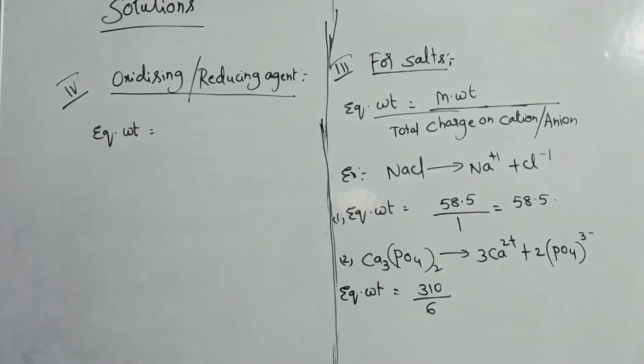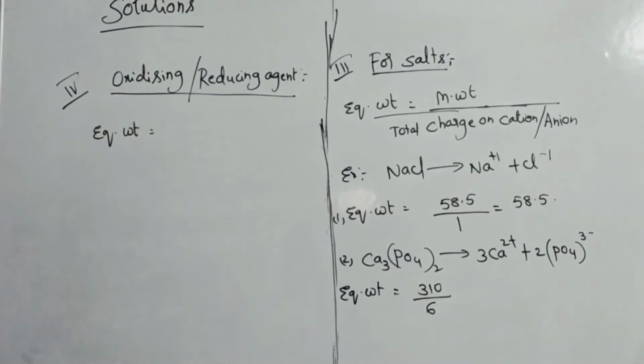Here options are also given to you. What are the options? 25, 50, 250, 125.